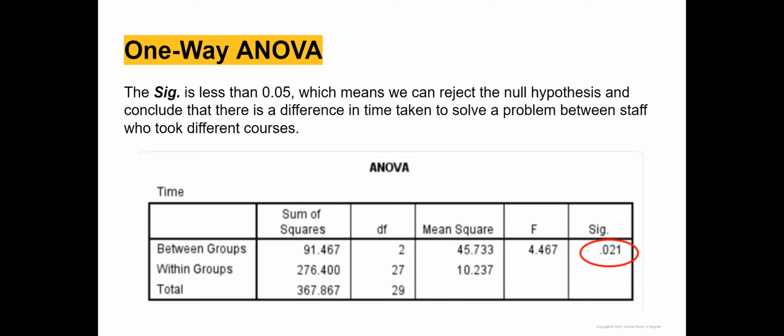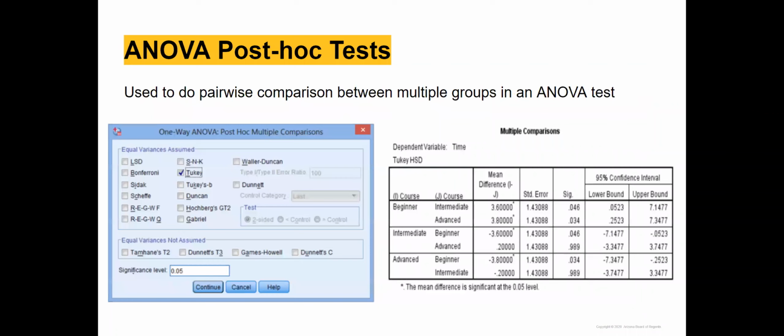And since we selected the post hoc option as well, if you select the post hoc option to do the pairwise comparison, there are different post hoc methods. The most common one is the Tukey method. So you can select that, you can put in the significance value, and then you can click on continue.